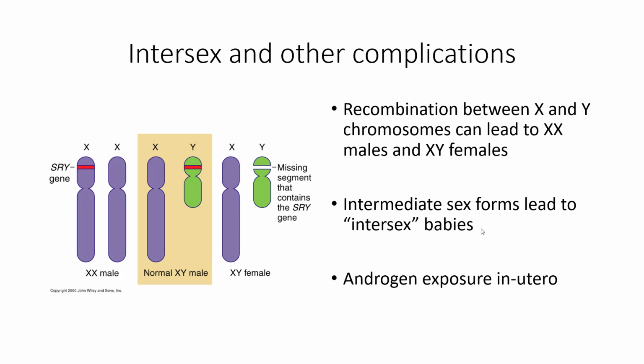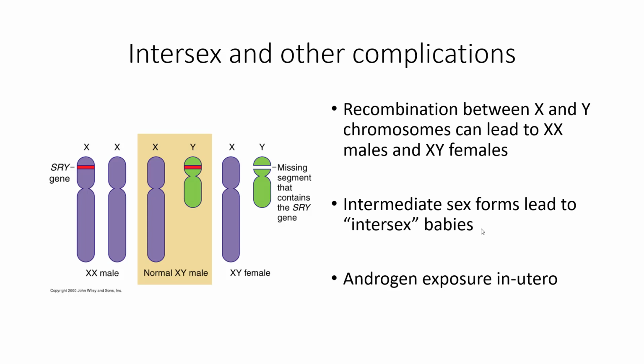You have your normal XY male that has the SRY gene on the Y chromosome. If during prophase 1, you have recombination between the Y chromosome and the X chromosome, which normally you do not, but sometimes you do, you can end up with the SRY gene going over to the X chromosome. And if that person has a daughter, you'd have XX.